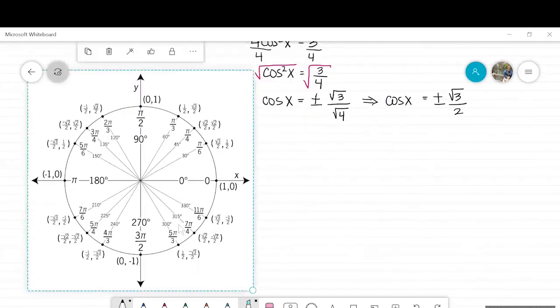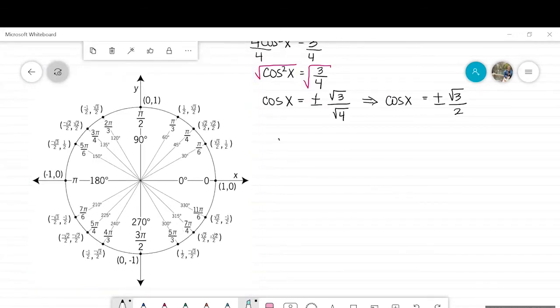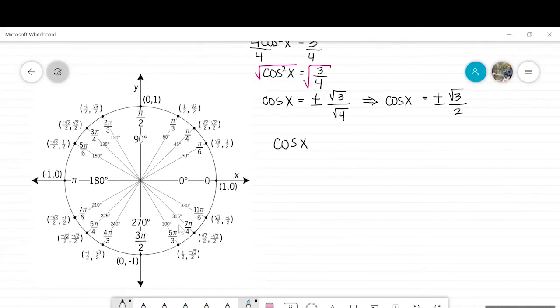We're looking at two pieces of this, right? We're looking at one, where is cosine of x equal to a positive root 3 over 2? Where is cosine x equal to a negative root 3 over 2? Those are the two pieces we're looking at.